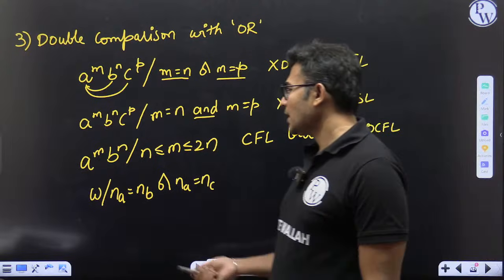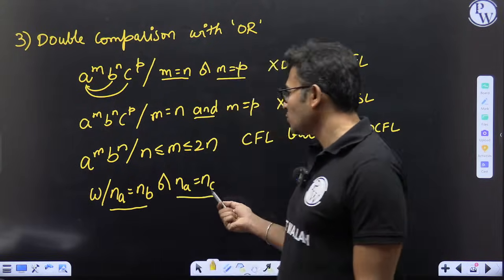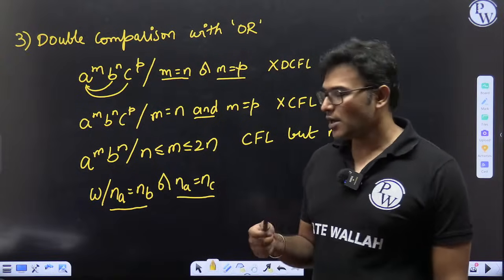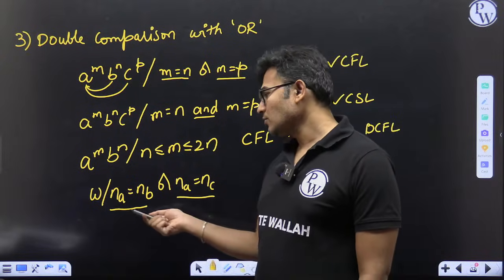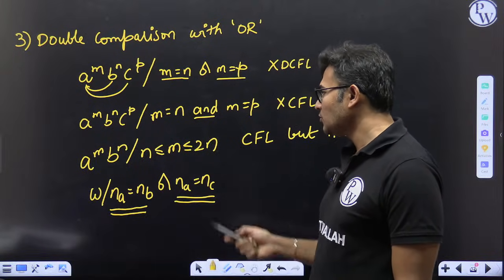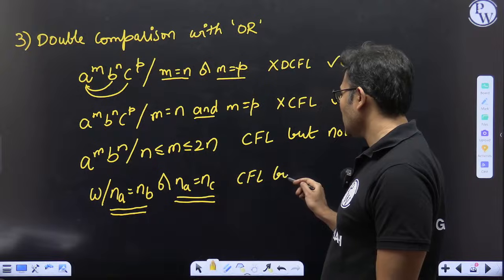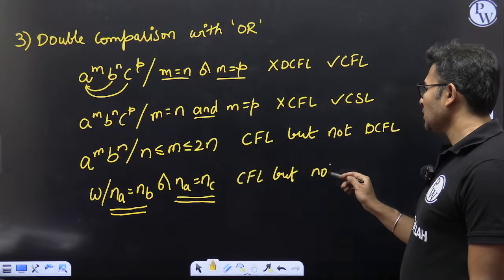So this language is also non-deterministic context-free language, because you are going to give NPDA, and in NPDA one path will check for A's equal to B's and other path will check for A's equal to C's. So this language is context-free language but not DCFL.